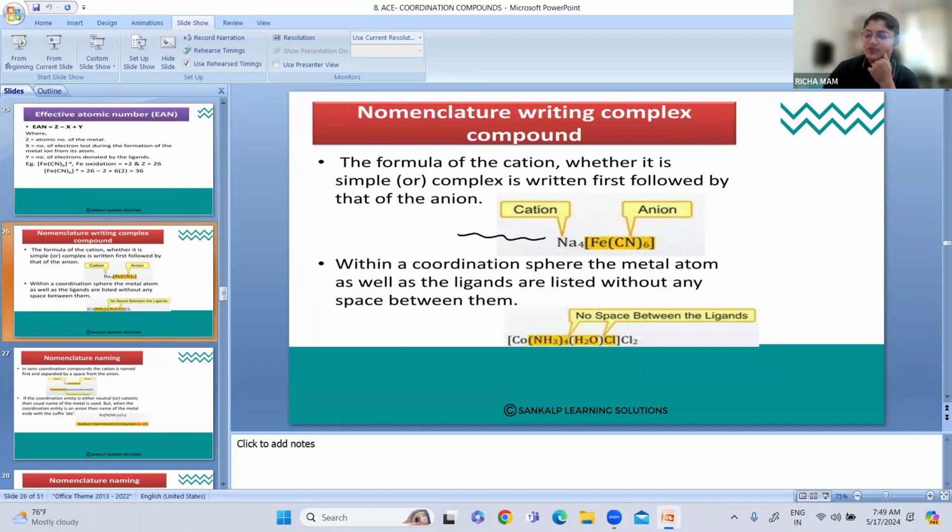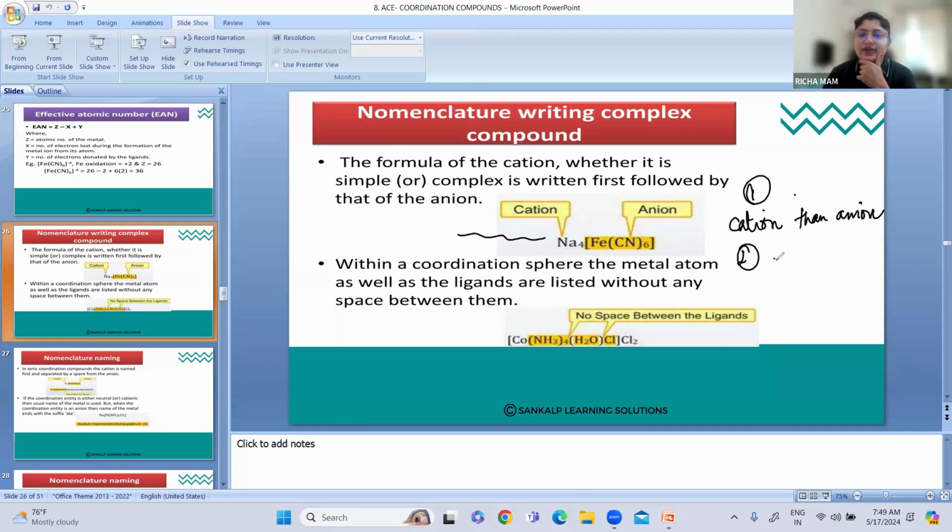Always, in positively charged and negatively charged coordination entities, you first write the name of the cation, and then the anion. So this was the first rule when you are writing the name of the ion.